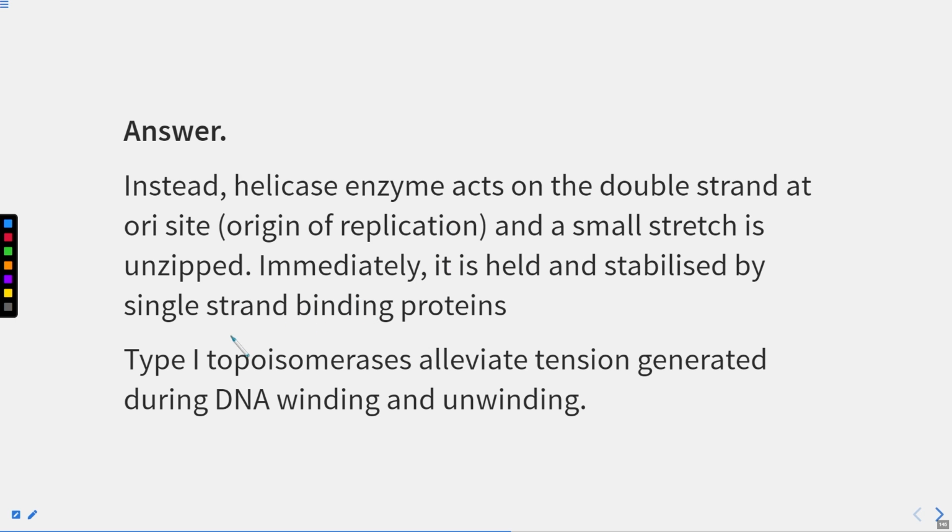And then what happens? Type 1 topoisomerase alleviates, meaning reduces, the tension generated during DNA unwinding. So here we are concerned with unwinding. The tension created due to unwinding is relaxed by the topoisomerase. That's why the entire DNA molecule doesn't open at one time, but it opens in small stretches.